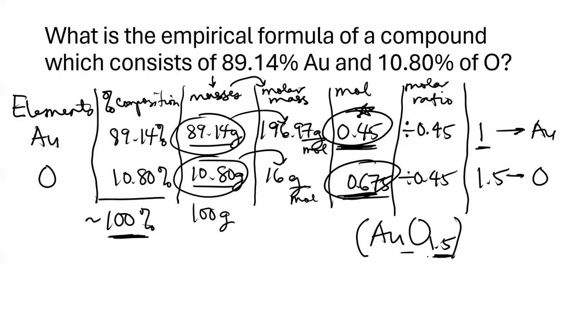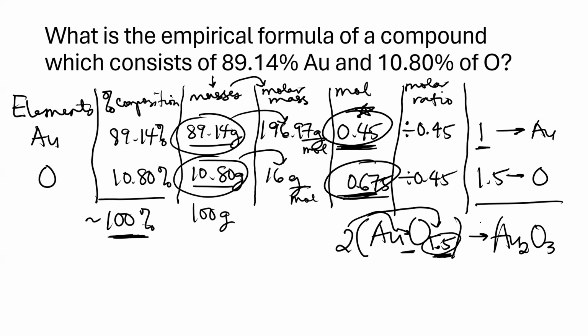What number do you think we should multiply to 1 and 1.5 so that we do not have any decimal places for our subscripts? Very good. If we multiply 2 by 1 and 2 by 1.5, we now get Au2O3. So that would now be the empirical formula that we are looking for in this particular problem.